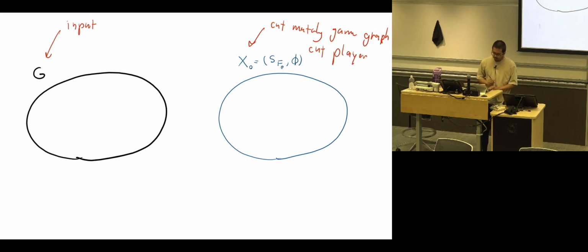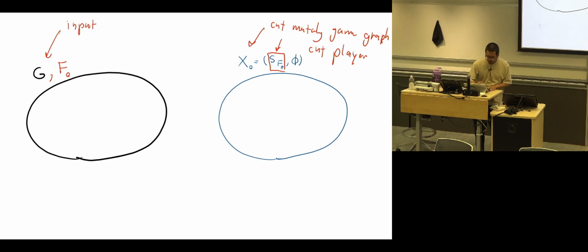Recall this notation: this is a split node. We are given the graph and some initial balance separator, F naught.